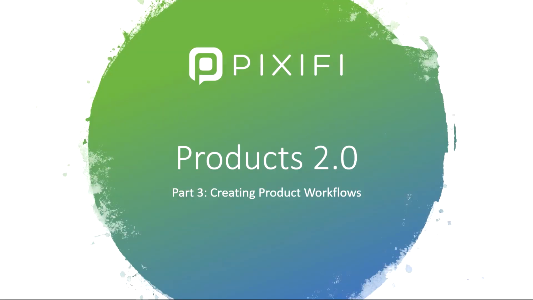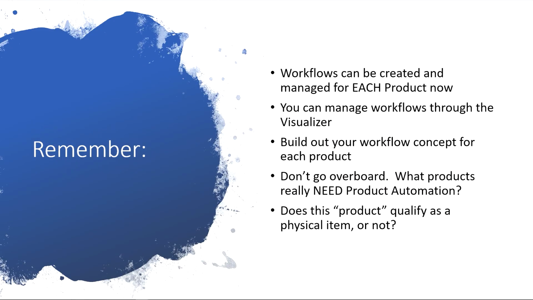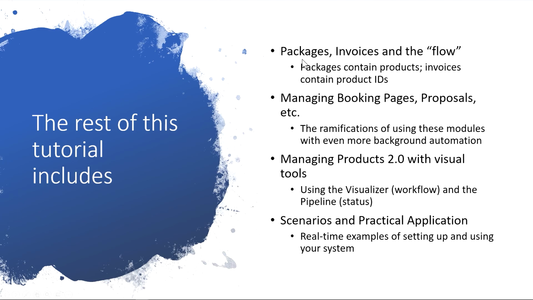We have a couple more tutorials in this line, and what I want to do is show you that real quick. We're going to go forward to our last slide here. Our next tutorial is about packages, invoices, and the flow.